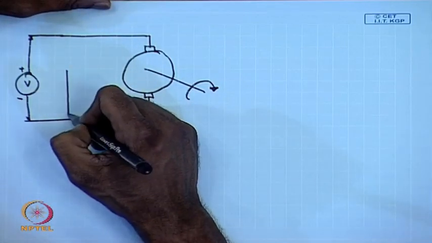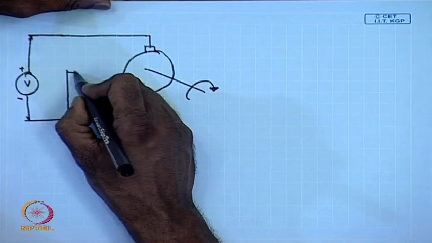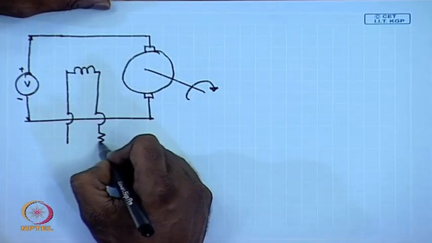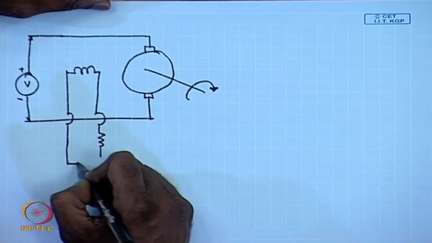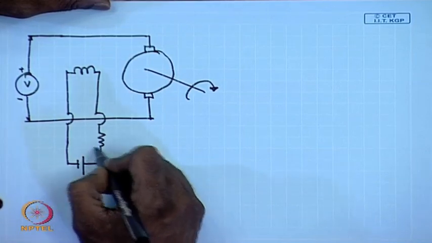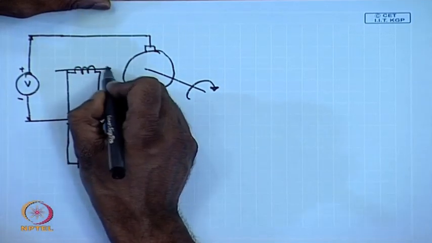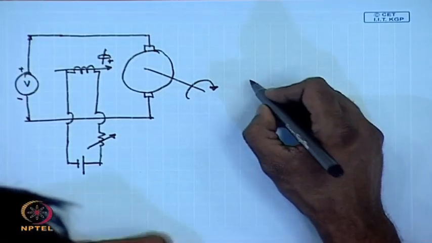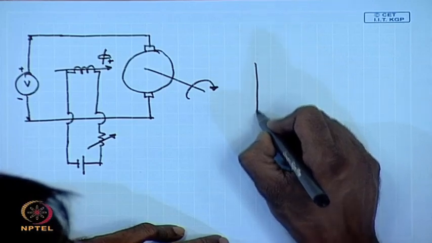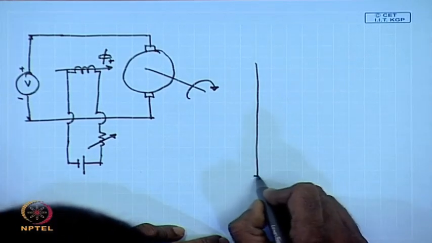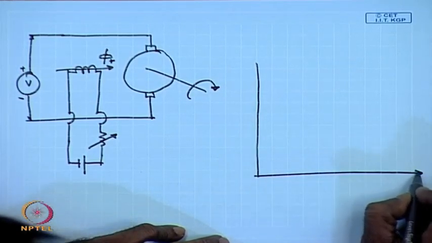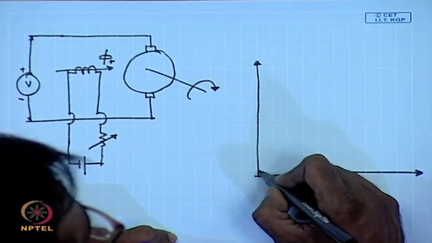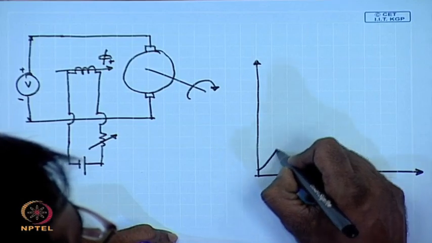The series field coil will be excited from a separate source of appropriate rating. And the data generated can be plotted as shown.